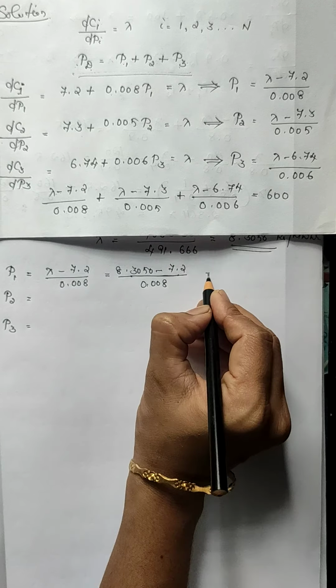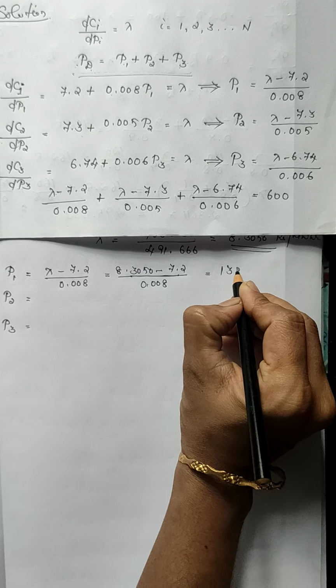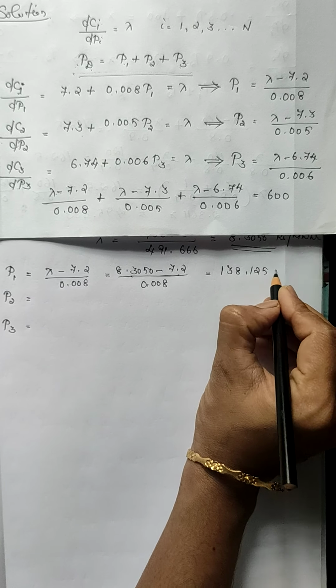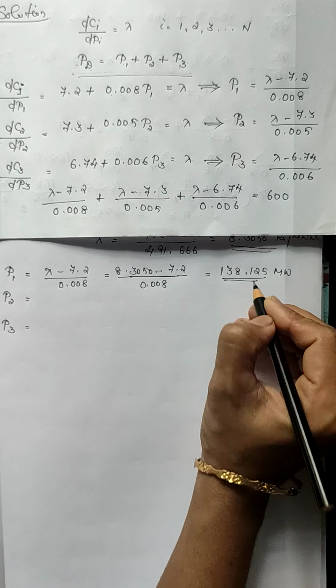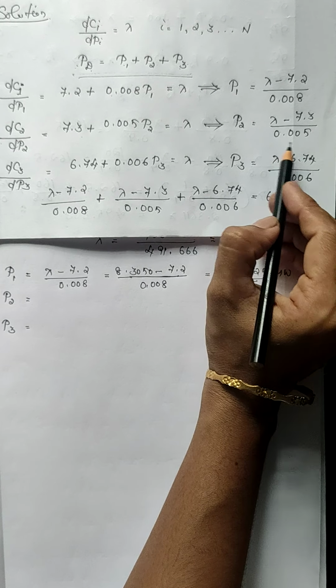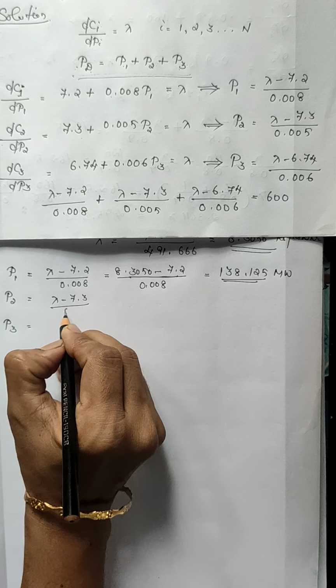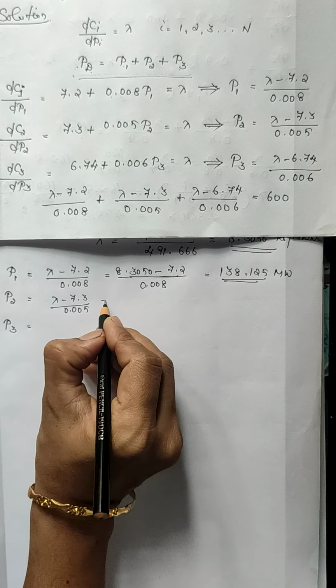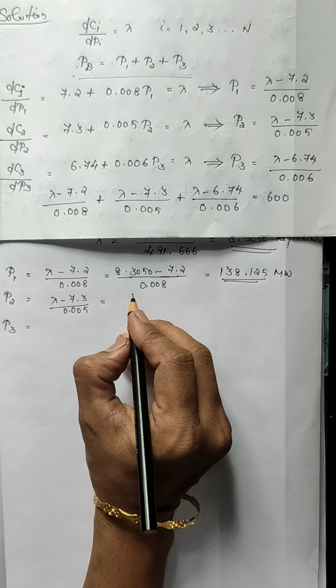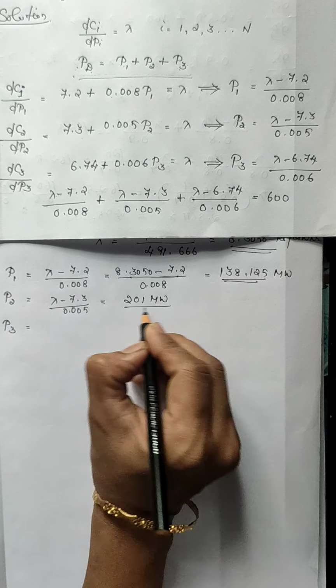So you will get the value of power generation of unit 1 as 138.125 megawatt. Similarly, P2 is lambda minus 7.3 divided by 0.005. So substituting the value of lambda, you will get the value of P2 as 201 megawatt.